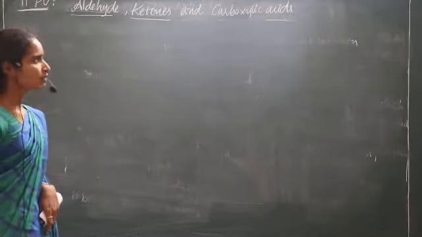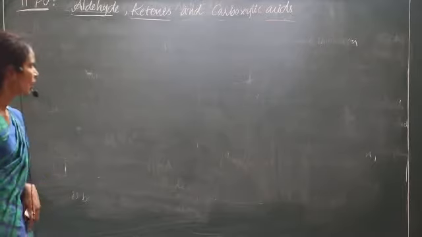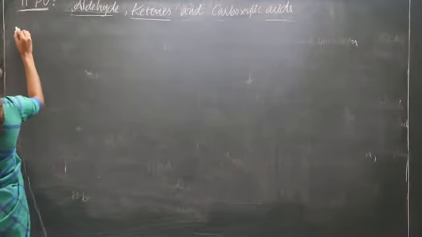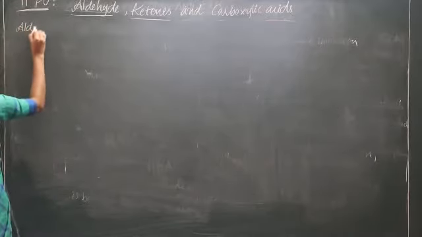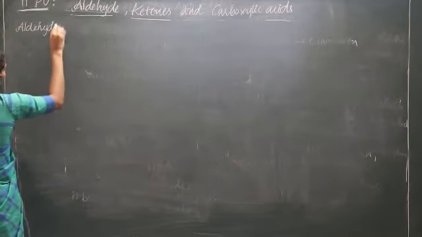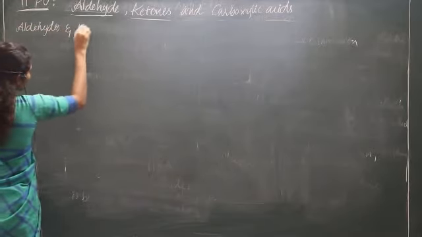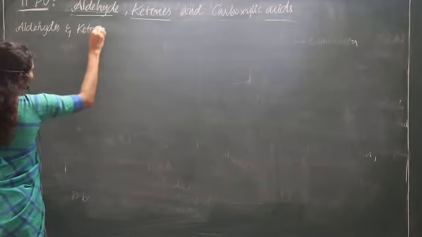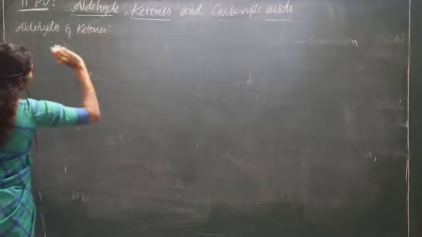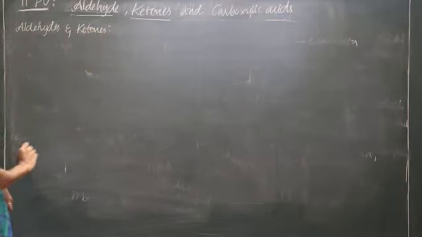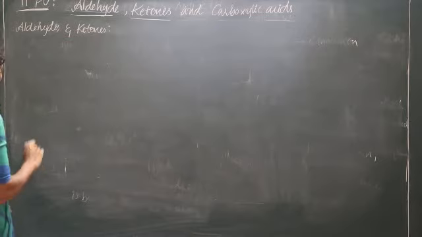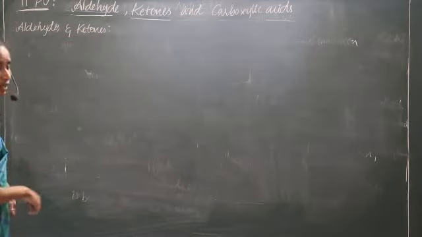Next, one more is the common system of nomenclature. But in case of aldehydes and ketones, in practice we usually use the common name instead of the IUPAC name.